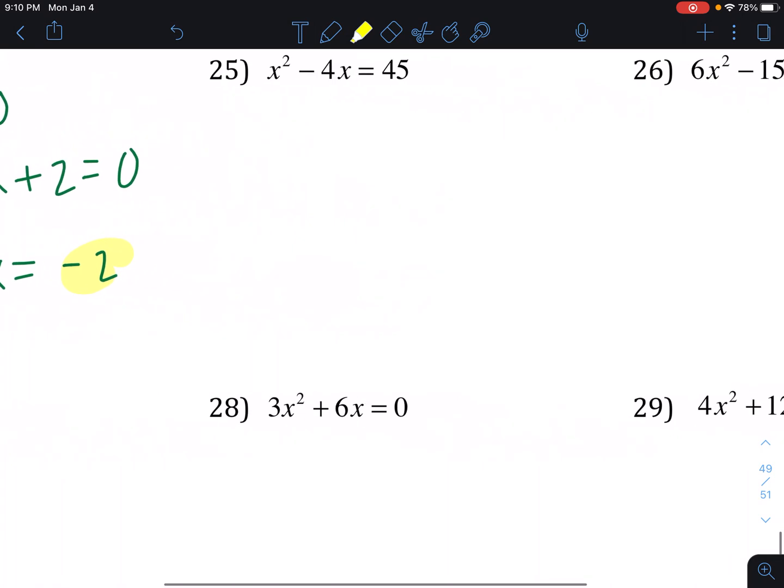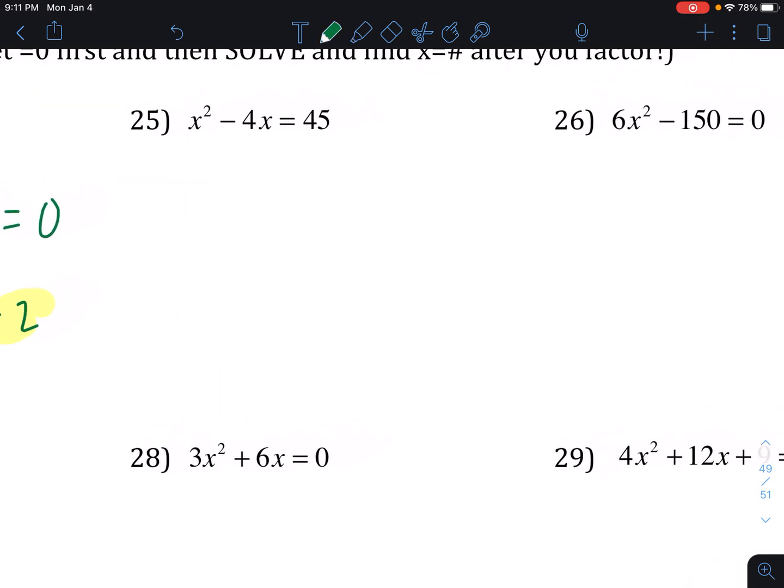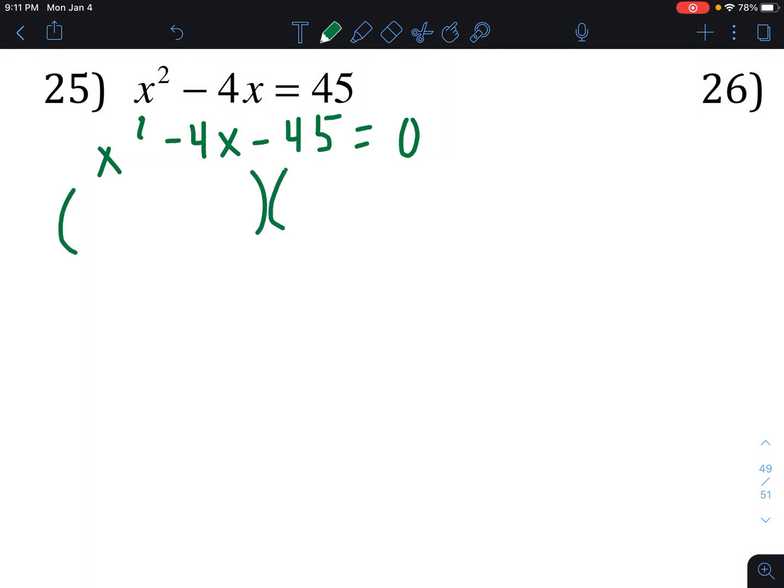Number 25, I need to set this equal to 0, so I need to subtract 45. And then I start factoring. No GCF, it's an easy trinomial. My C is a negative 45, so my signs are plus minus.